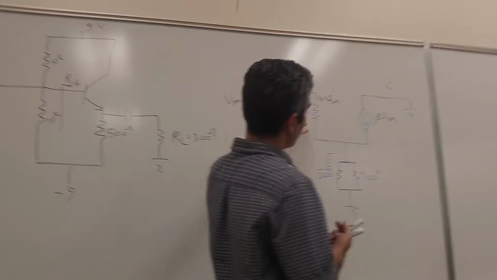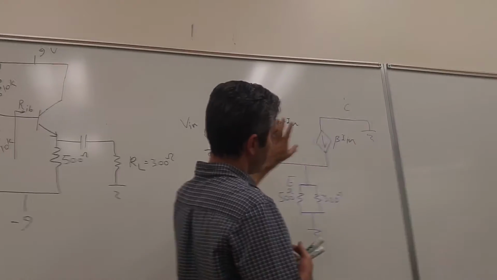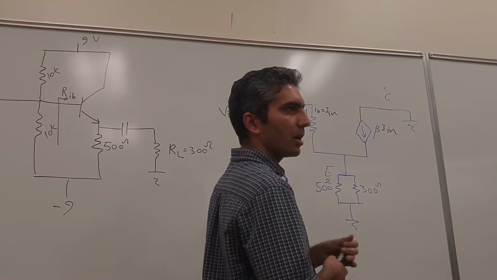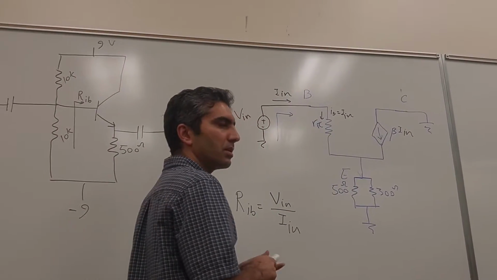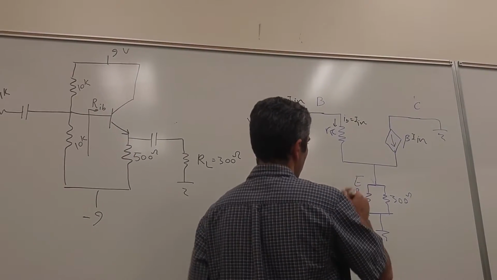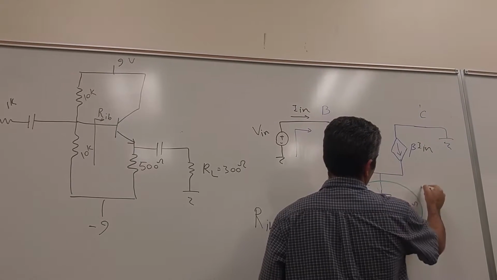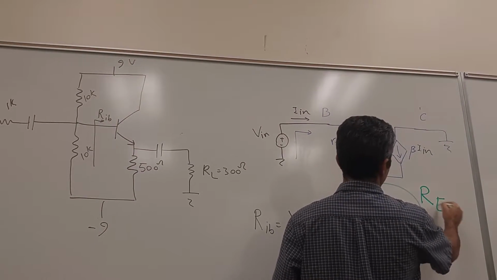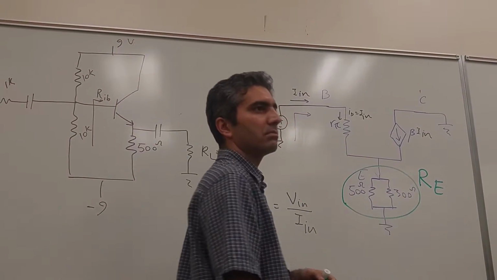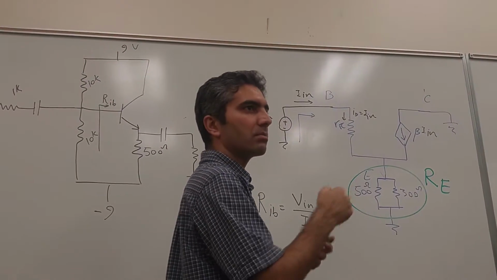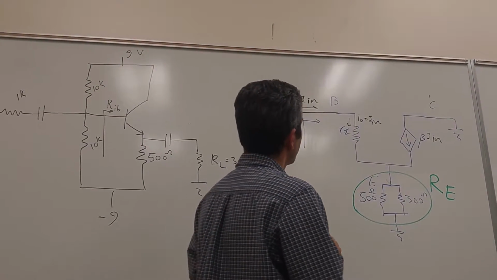Okay, R pi is going to have a value. For now, let's just leave it as R pi, and then we'll get back to it. Actually, this is what I'm going to do: I'm going to call this RE for now, and then come back to it.